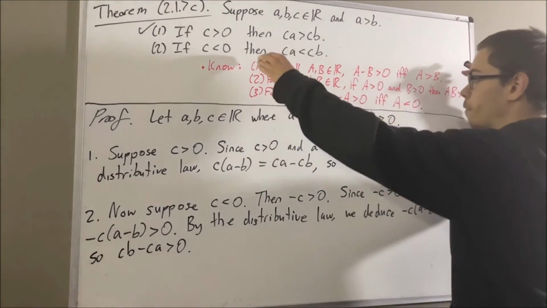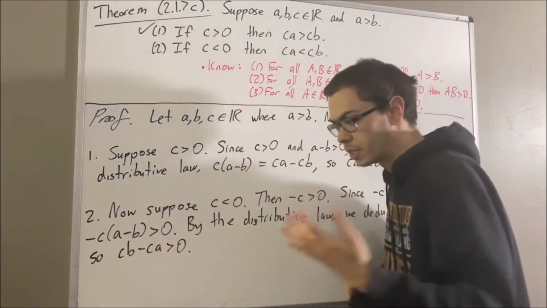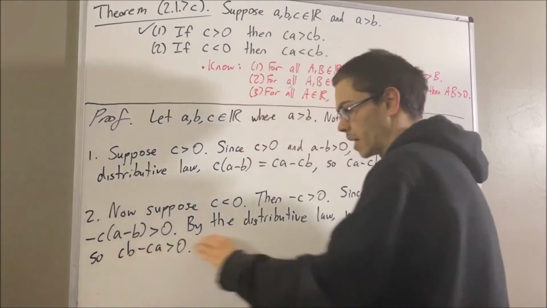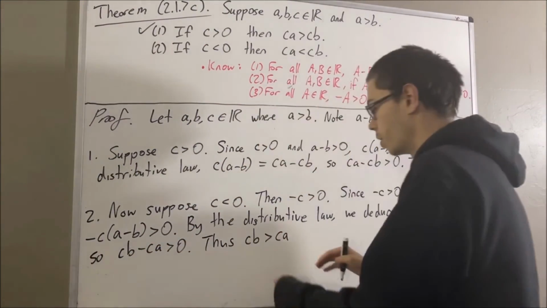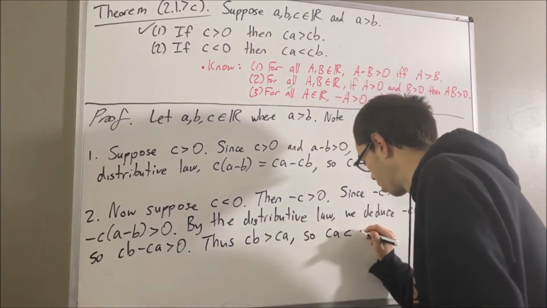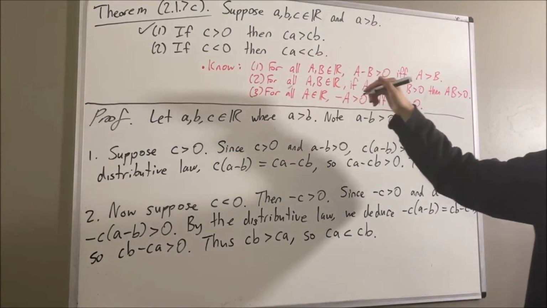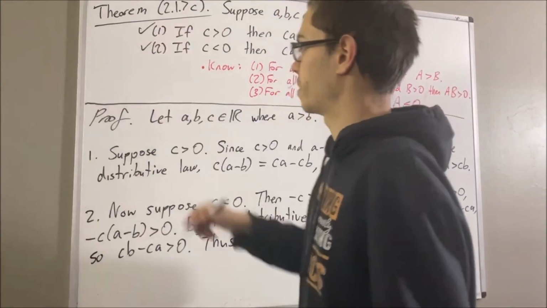And going back to our first fact, to say that cb minus ca is greater than 0 is equivalent to saying that cb is greater than ca. But we know that this is the same thing as saying ca is less than cb. And this is exactly what we wanted to prove in this second statement. So this completes the proof of the second statement.